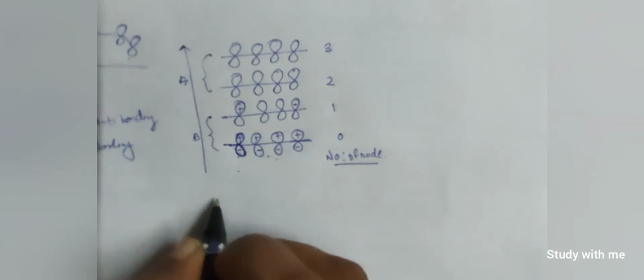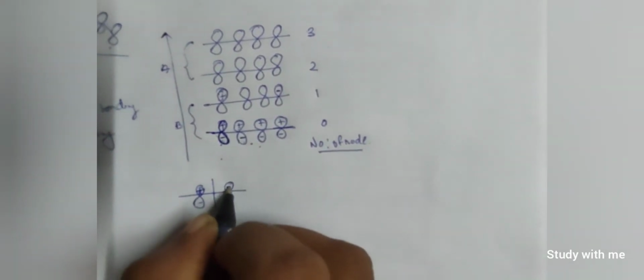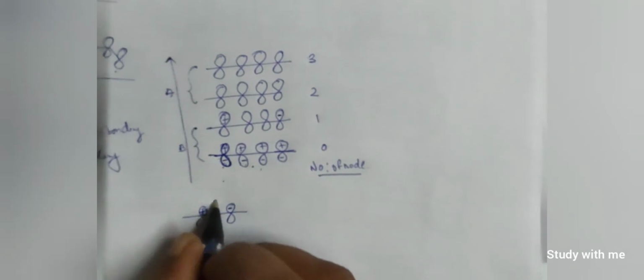For the C6 system this will increase. How is a node drawn? A node occurs when there is an opposite sign on the same side. If it has a positive and this one has a negative sign, then here will be a node. This is called a node.